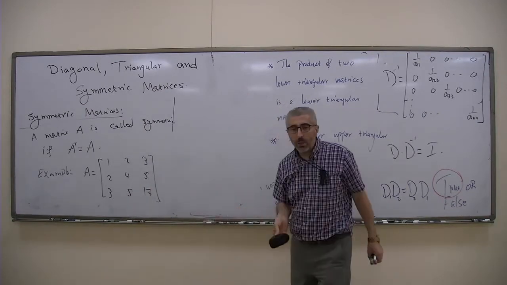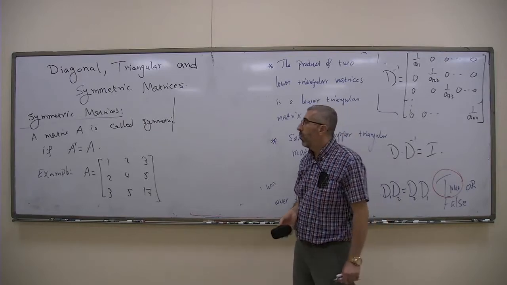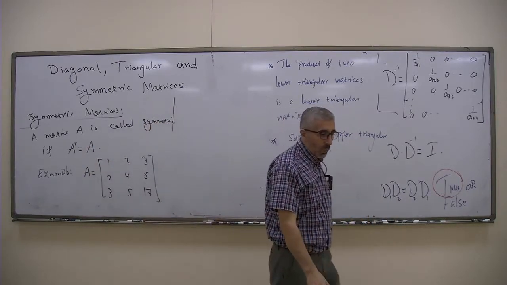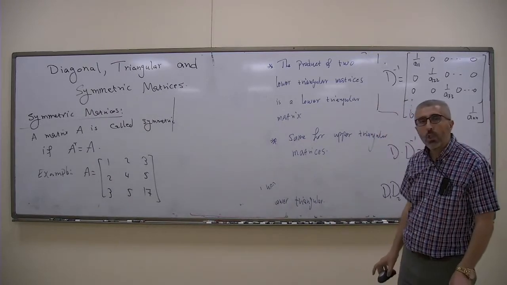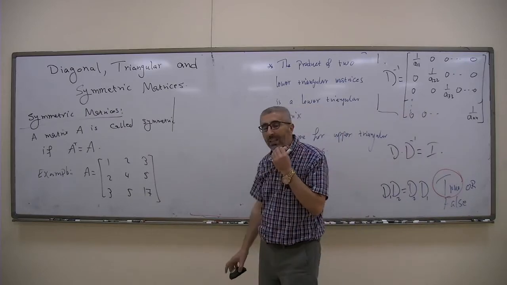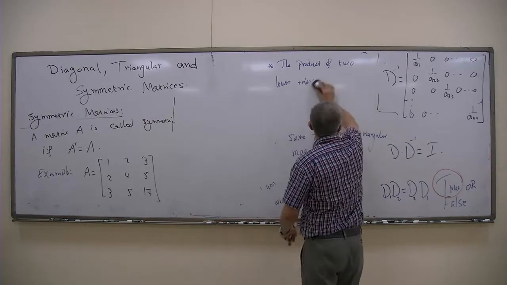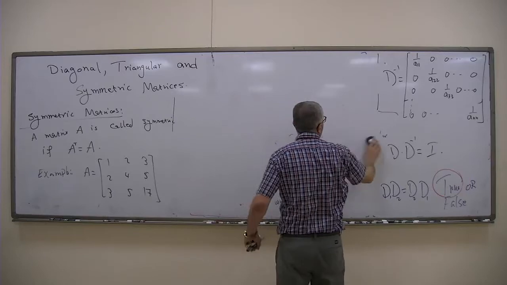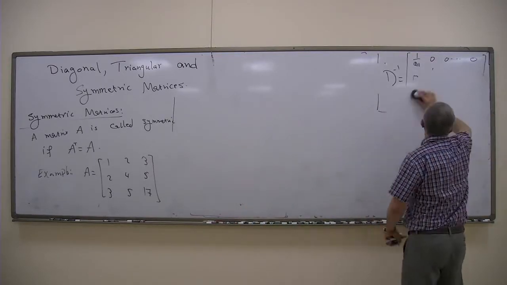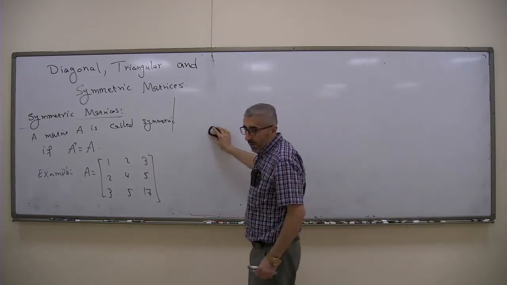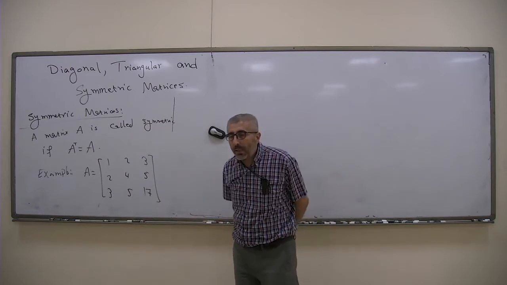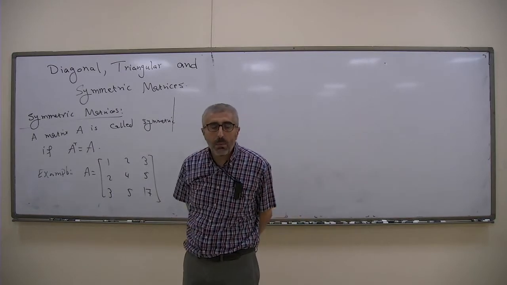Let me ask you this question. Is it possible for a symmetric matrix to be triangular? Or if a symmetric matrix is triangular, what does that mean? Or if a triangular matrix is symmetric, what does that mean? Let me help you by rephrasing my statement. If a symmetric matrix is triangular, then it must be diagonal.